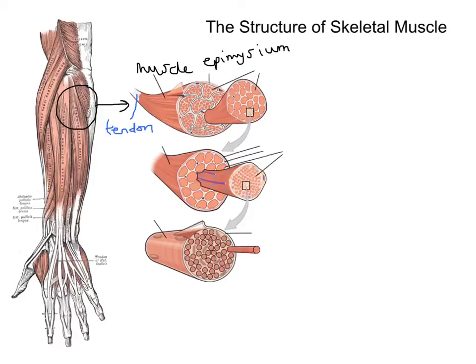Then if you look deeper within that muscle, you can see what appear to be bundles of fibres surrounded by, and I'll colour one in red just to show you, a kind of membrane, if you like, or some kind of outer covering. Those bundles are what we know as muscle fascicles.